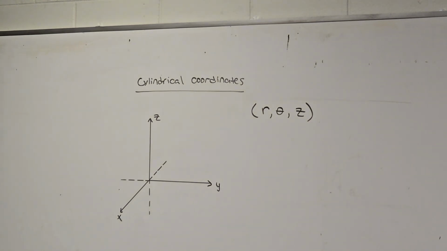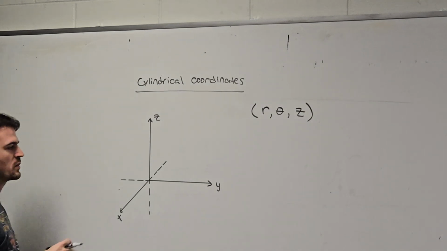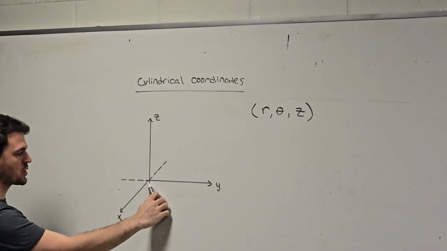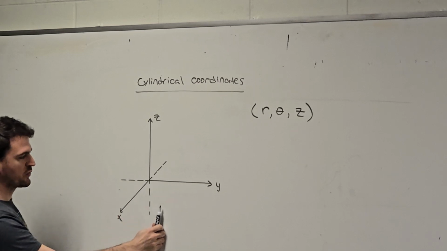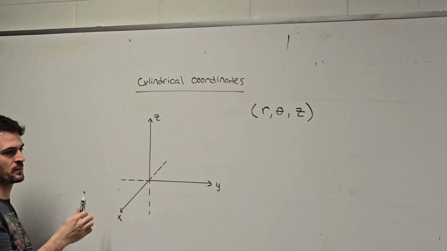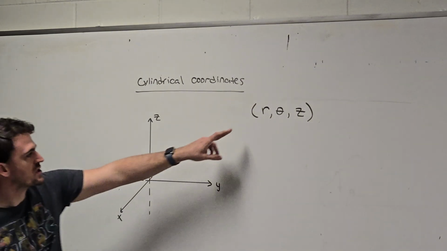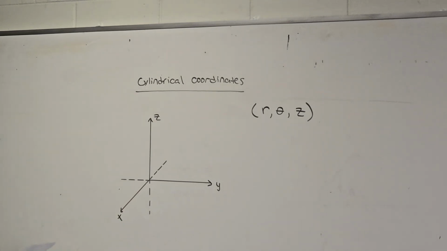So extending this idea to 3D, when we looked at 3D points in our rectangular world, it was still you go over in the x, over in the y, up in the z. The first two components of this coordinate are still r and theta.